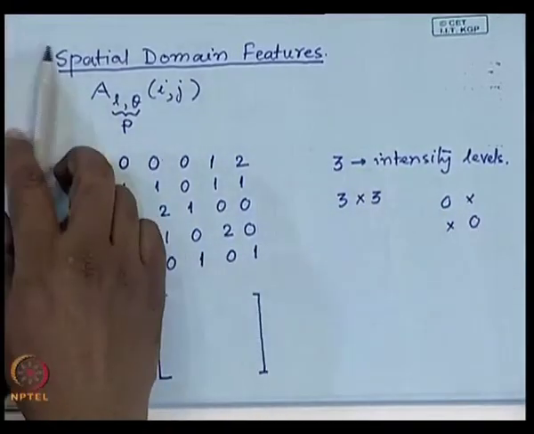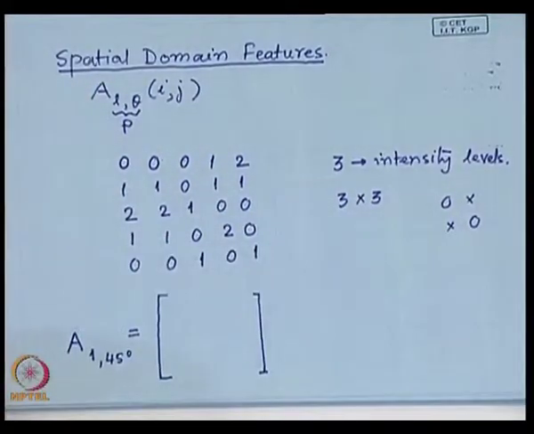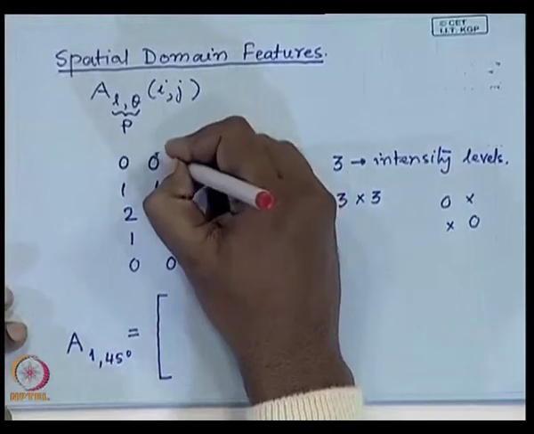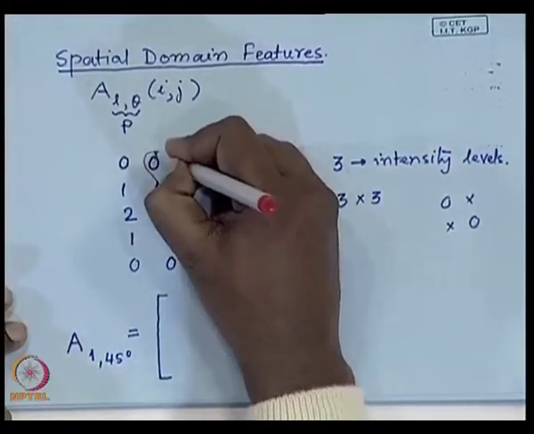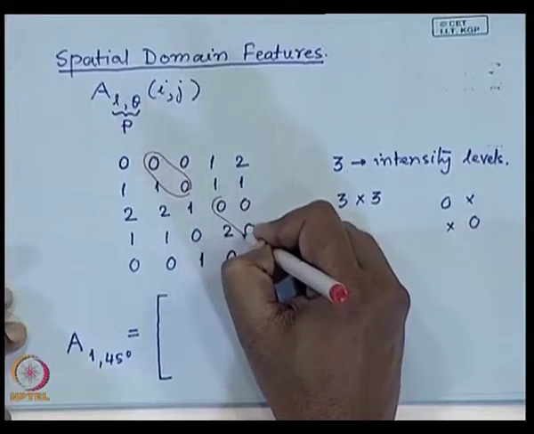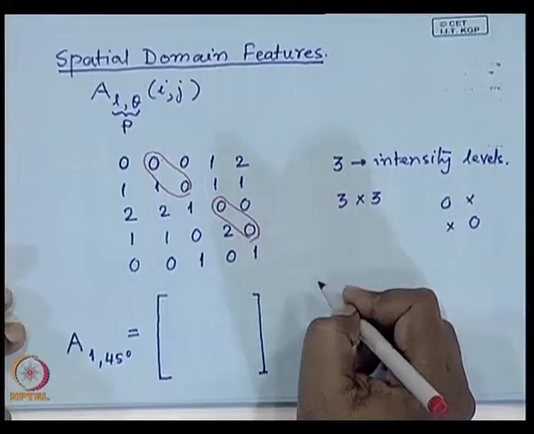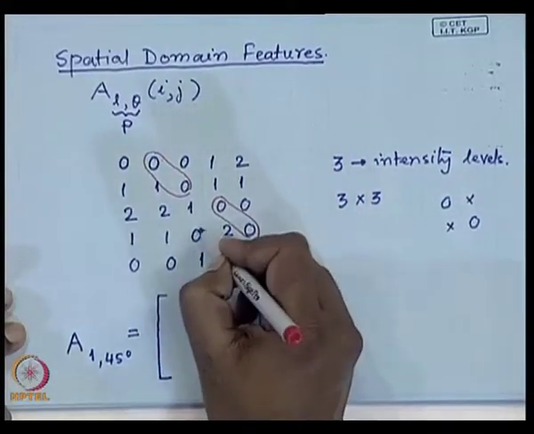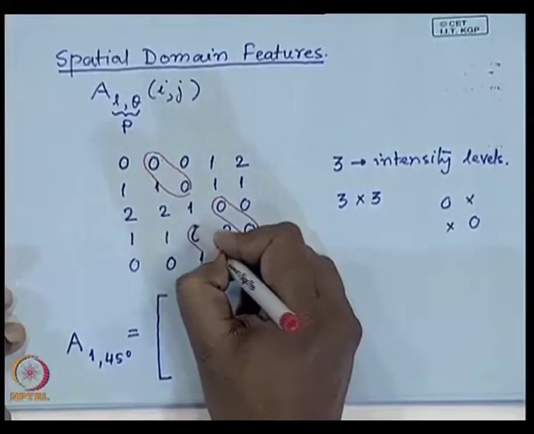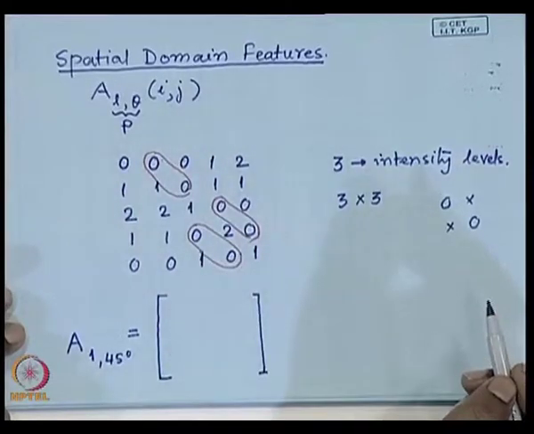Okay. So, when you come to this particular sample image, you find that this kind of combination I have one over here, okay, one over here, right, one over here, is there any more?